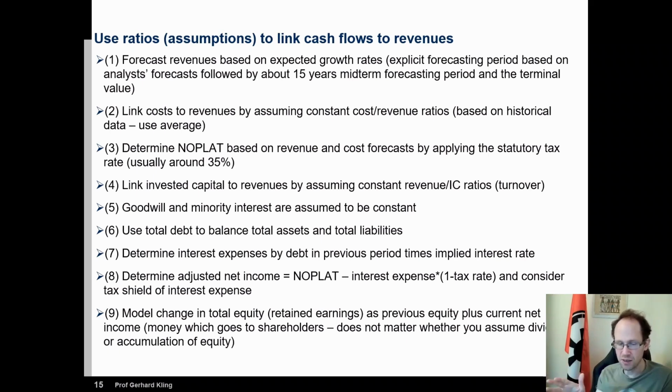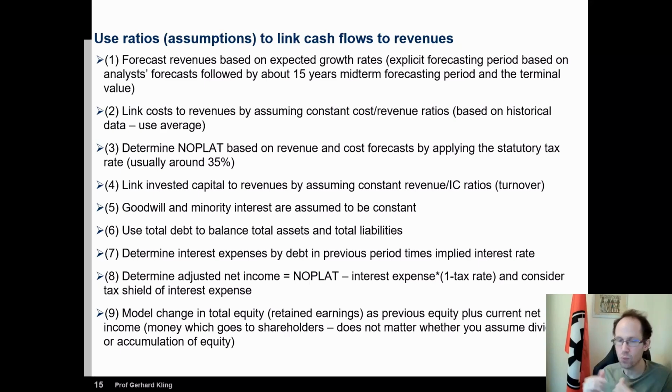We don't look at distribution here, so we don't consider dividend payments. So anything we earn and which would be an equity cash flow would simply go into retained earnings and would increase our equity position. So these are the main components. So these are the mechanics of it.